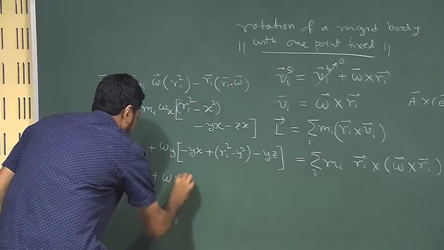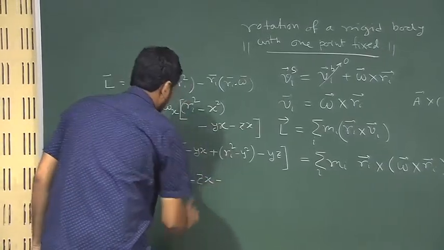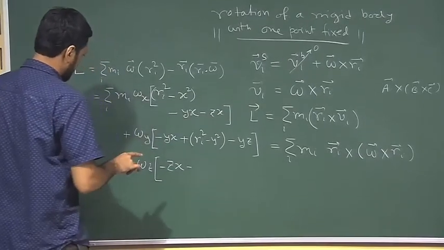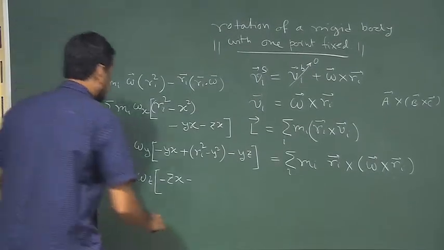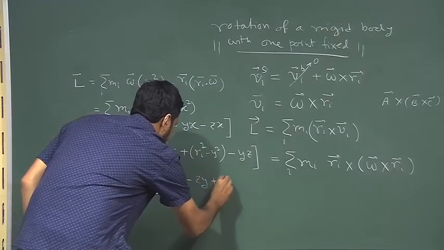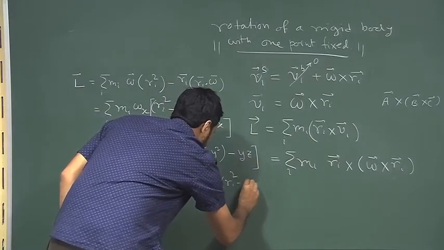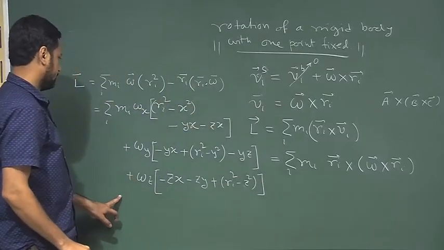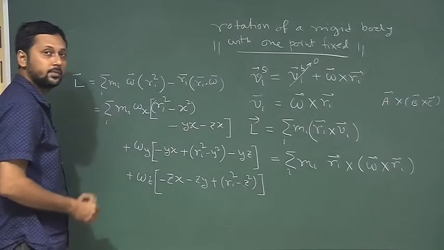Plus omega z: minus z x, minus z y, plus r_i square minus z square, right. So, omega x, omega y, omega z, and we have an m_i common here, right.